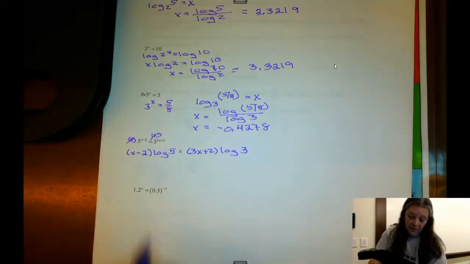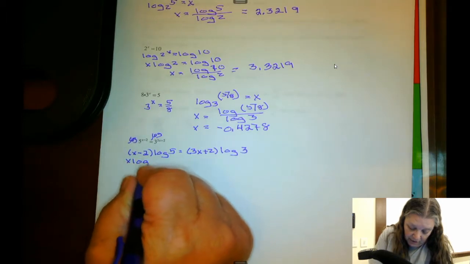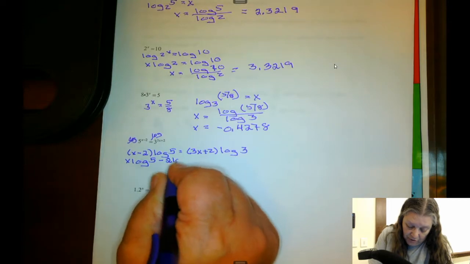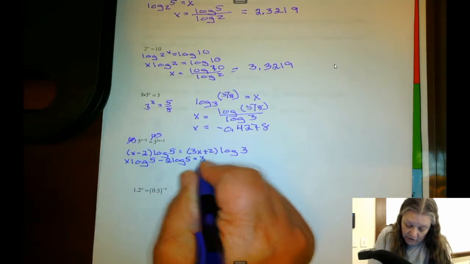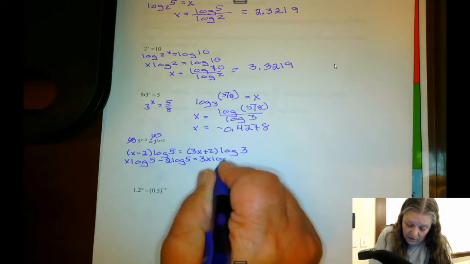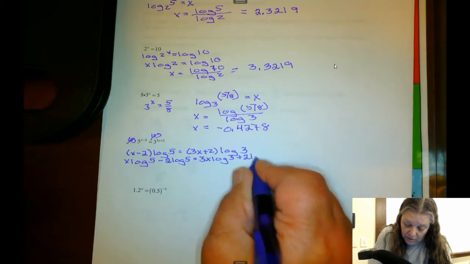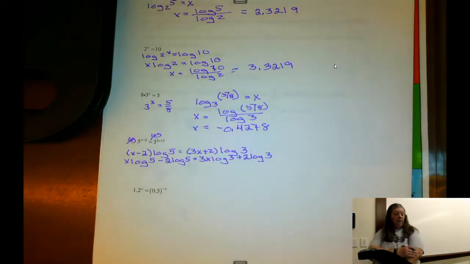Now we have to distribute. So x log of 5 minus 2 log of 5 equals 3x log of 3 plus 2 log of 3. Now we need to get the terms with the x in it to one side.